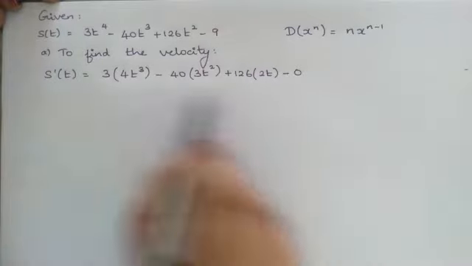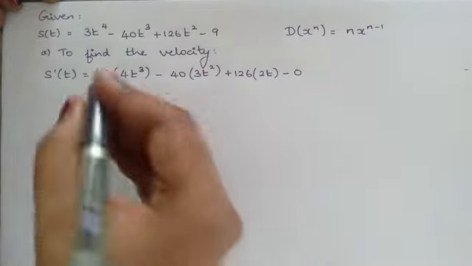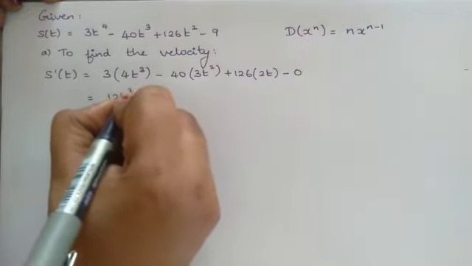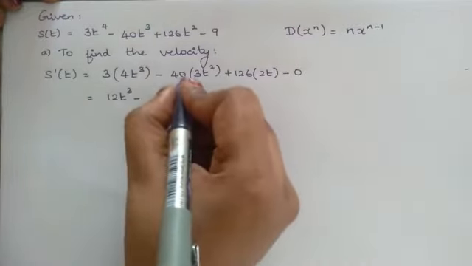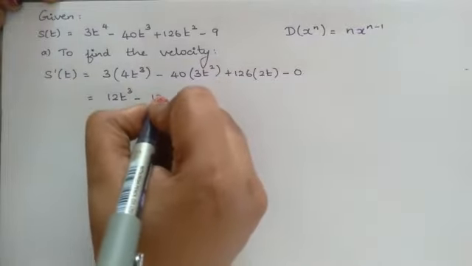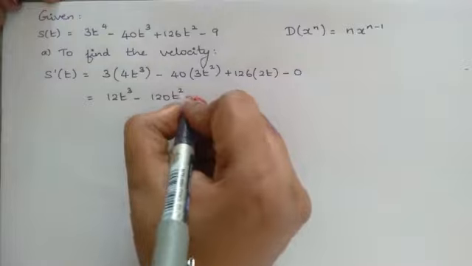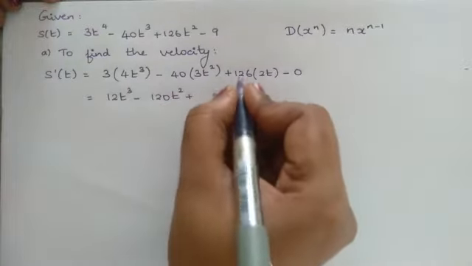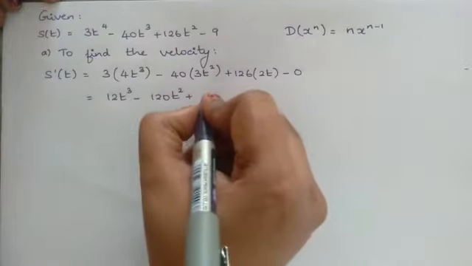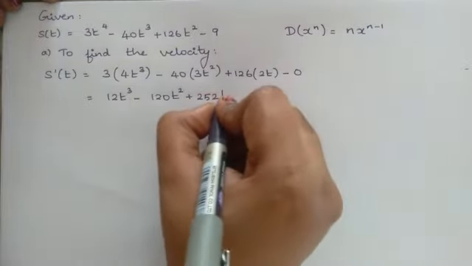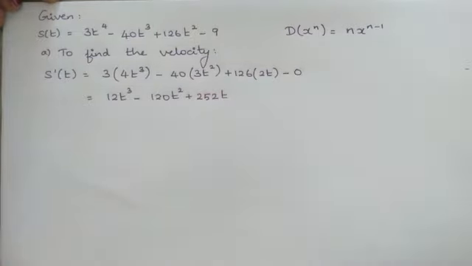Now we have the derivative, let's simplify this. 3 into 4 is 12t cube, minus 40 into 3t square, that is 120t square, 126 into 2 is 252t, minus 0, let's omit it.